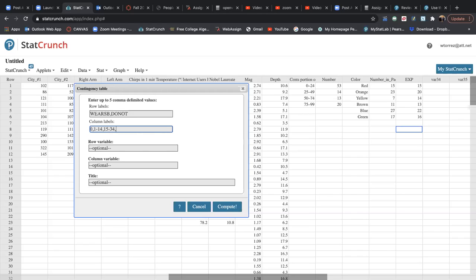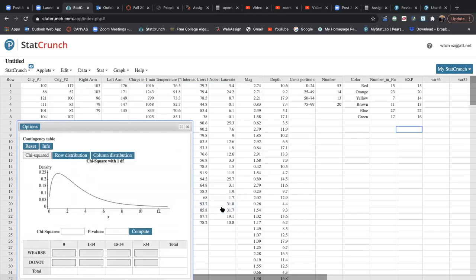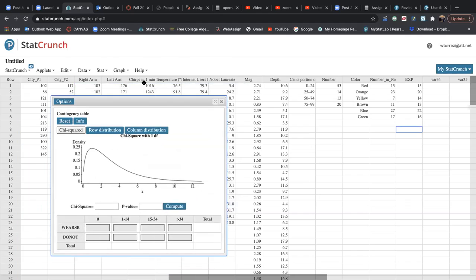Well, let's just denote it as greater than 34. So those are the 4 categories of quantity of smoking. And now let's fill in our data in this table.